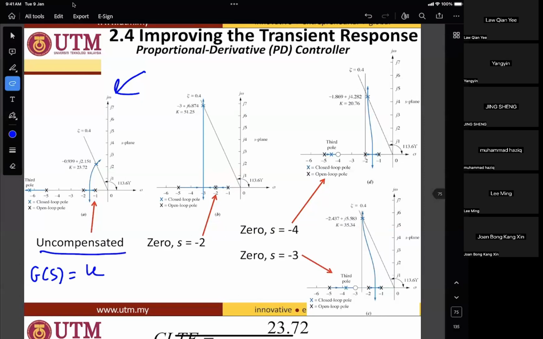We have open loop poles at -1, -2, and -5, and no zeros.